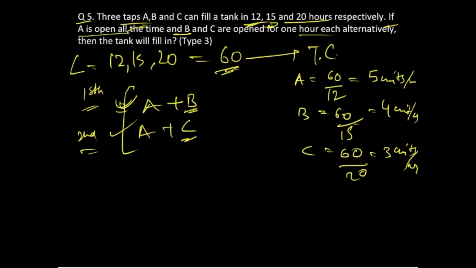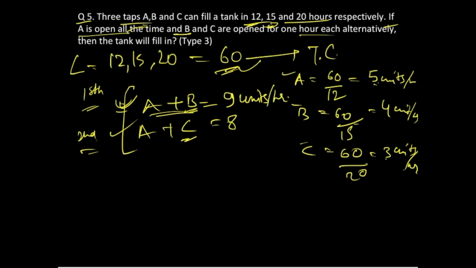Right, so now you know the individual efficiencies of A, B and C. So you can write that for A plus B, it is going to come out as 5 plus 4, that is 9 units. And for A plus C, it is going to come out as 5 plus 3, that is 8. So A plus B together would be putting in 9 units into the tank, right?